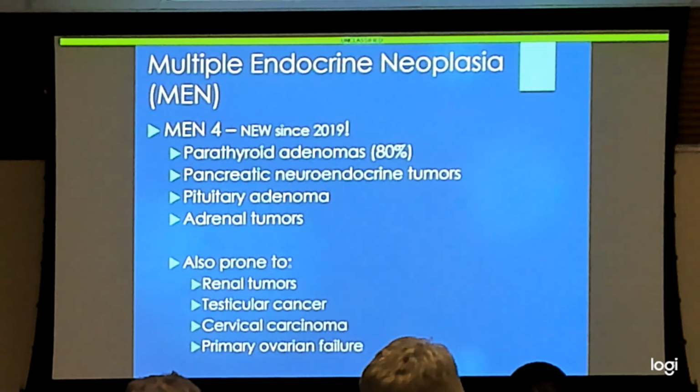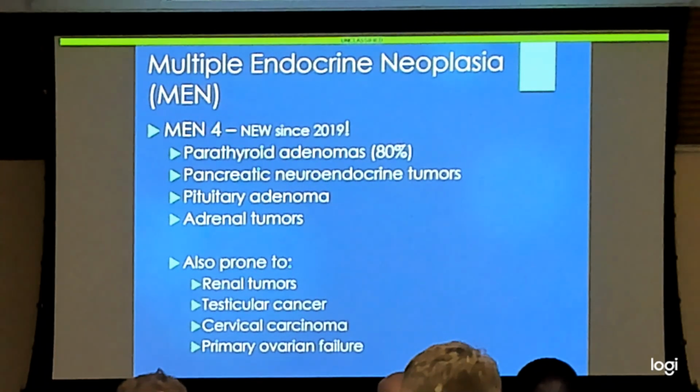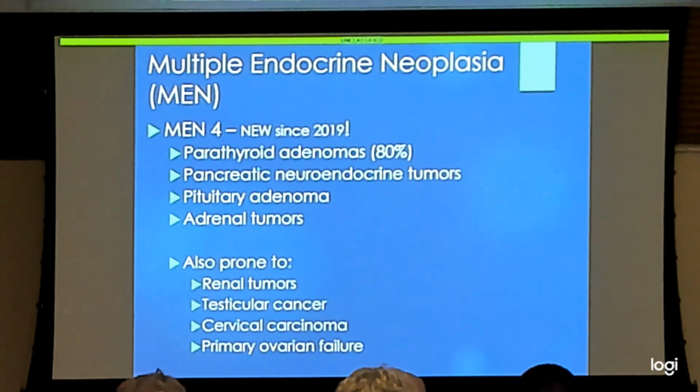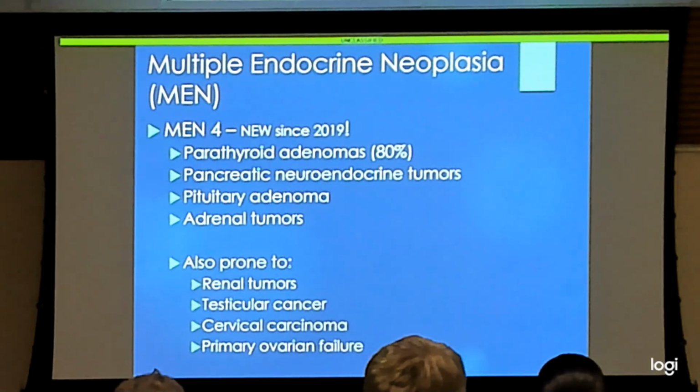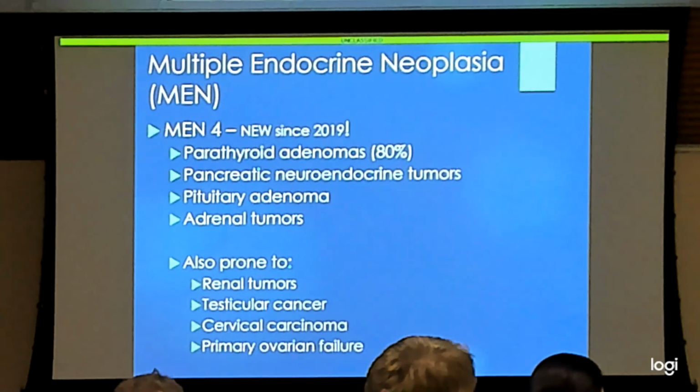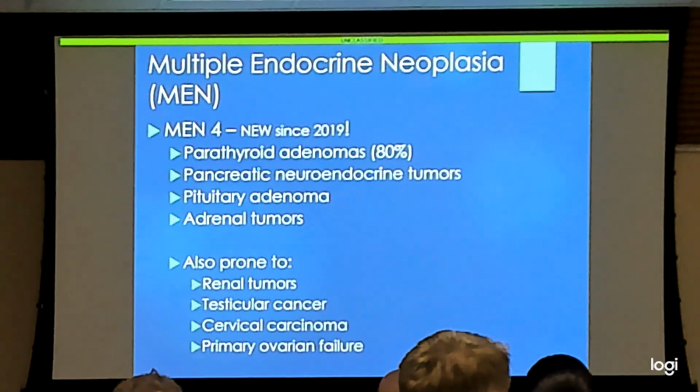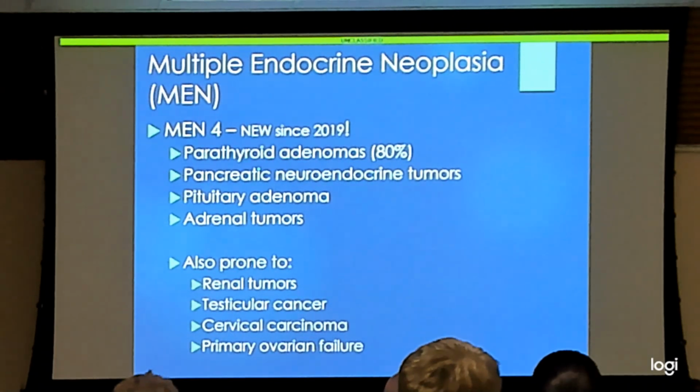So cervical cancer if you're a female, testicular cancer for male, renal tumors, renal cell carcinomas, etc. So it's kind of interesting. All I want you to know is if the patient has, I'm going to give you at least 3 or 4 things, they'll get you on the dot. Easy money. It's never been a 100% question. I don't know why. There's only 4 of them. You can do this. There's 1 question on that.